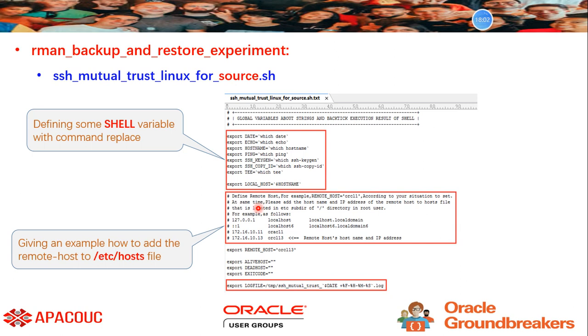Next, I give an example of how to add the remote host to the file /etc/hosts. Here, I just add the IP address and username of the remote host.